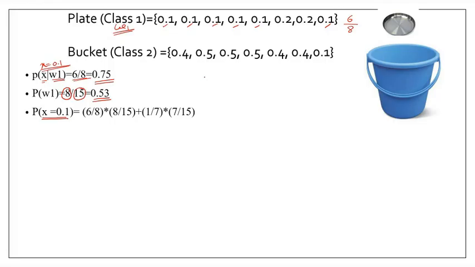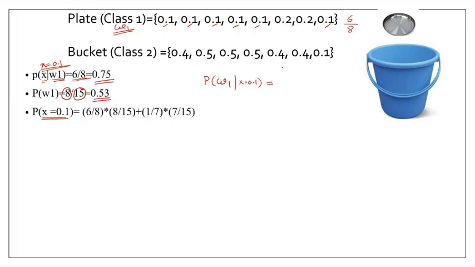Because I want to find out the probability of plate, or I should write in terms of omega, the probability of omega 1 given the measurement x is equal to 0.1. So this I want to find out using Bayes.